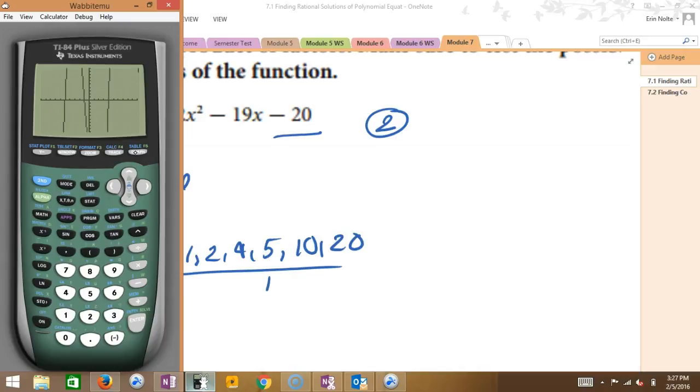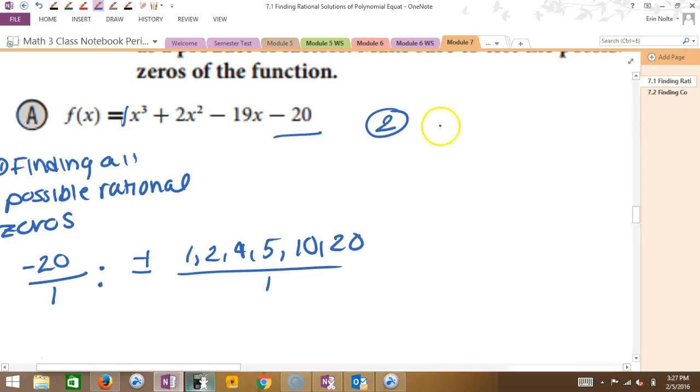So what does that look like? Where does it cross the x-axis? -5, -1. I can see it crosses at -5, -1, and 4. This part is just telling me which of these possible rational zeros are actual zeros.